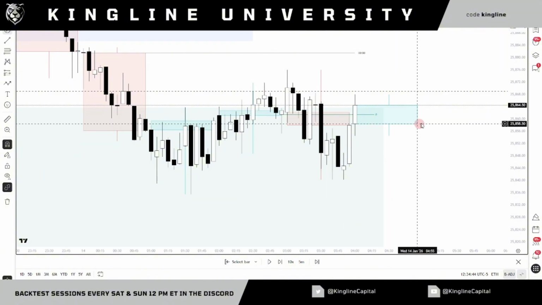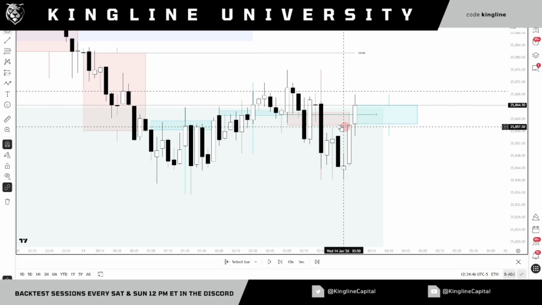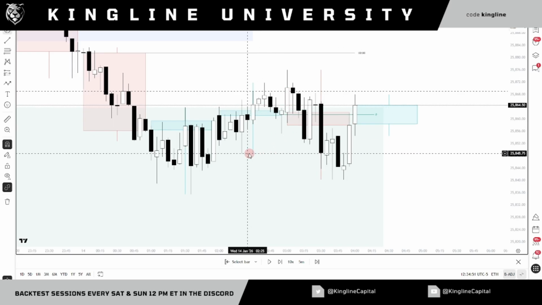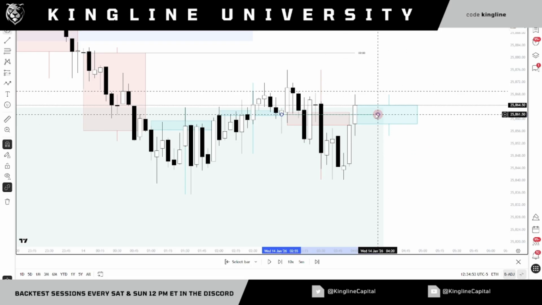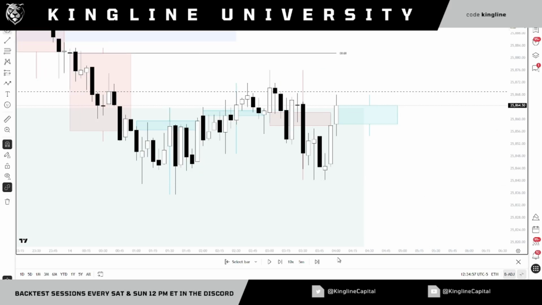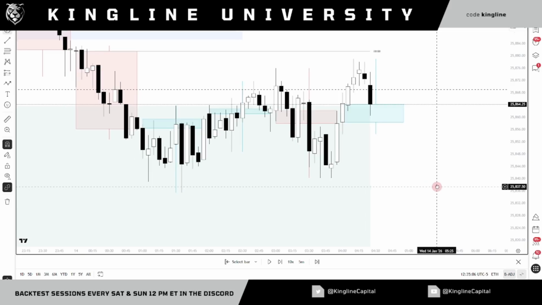Okay, we swept both sides. I'm gonna wait. The candle swept the upside and closed lower, but we swept the low and closed higher. So again, I'm gonna choose to sit on my hands here, waiting for the candle closes, just keeping us out of trades right now. And again, we sweep the high one more time. This is a brutal London session. Oh my gosh.